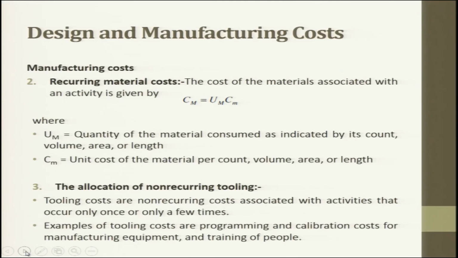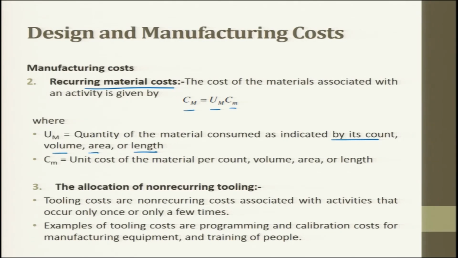In manufacturing cost, as I said, there are 4 components. First component is recurring labor cost, the second component is recurring material costs. The cost of materials associated with an activity is given by Cm is equal to Um into cm, small c small m. So, what is Um? Um is the quantity of the material consumed as indicated by its count, volume, area or length. So, quantity of material in terms of laminated sheets can be the number of rolls of the sheet that are consumed.